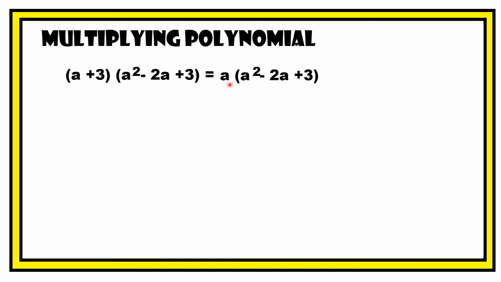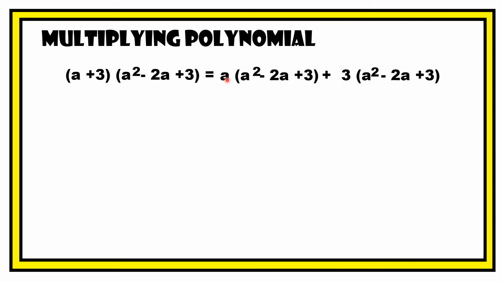Kaya we have a times a squared minus 2a plus 3. Next, yung second term naman na 3, multiply din natin sa polynomial na a squared minus 2a plus 3. So, ganito siya. So, 3 times a squared minus 2a plus 3.